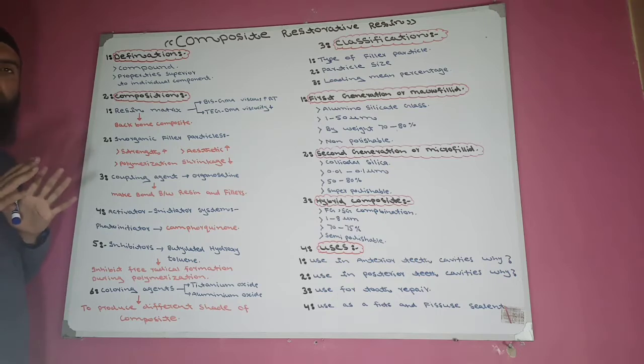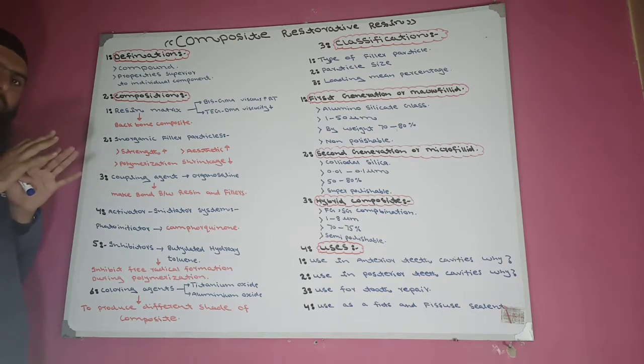To start the polymerization reaction, we use two methods. Number one is chemical cure. With the help of chemicals, we start polymerization. Second is light cure. With the help of blue light, we start the polymerization. The third is dual cure, meaning the dual cure system has both chemical activation and light activation.